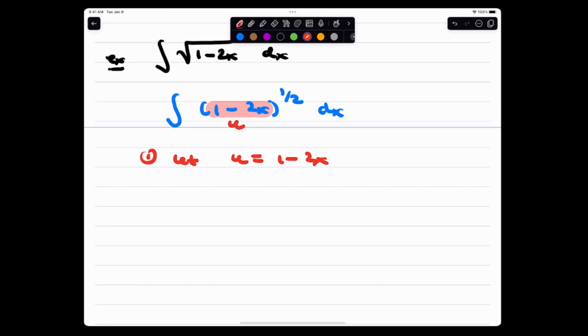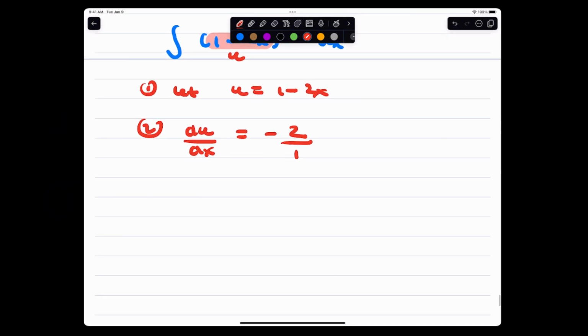Okay, so what is the second step again? Find du with respect to x. And what's that derivative going to be? Is that negative 2? You write it there as a proportion. Now, what do you guys do here? You cross multiply, right?